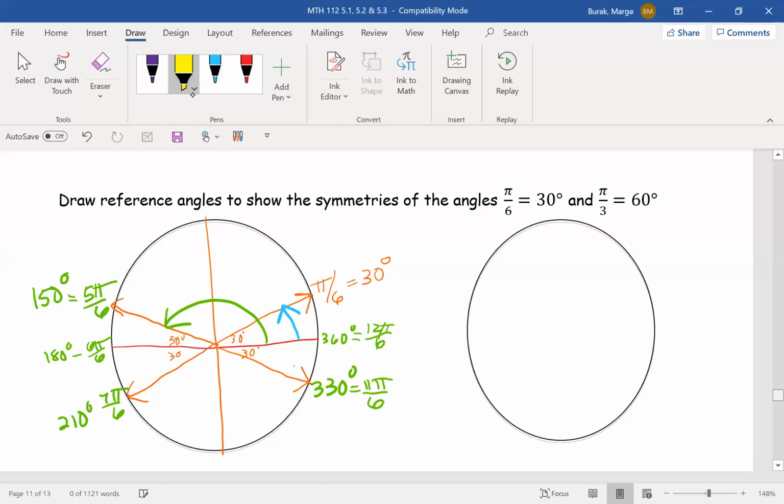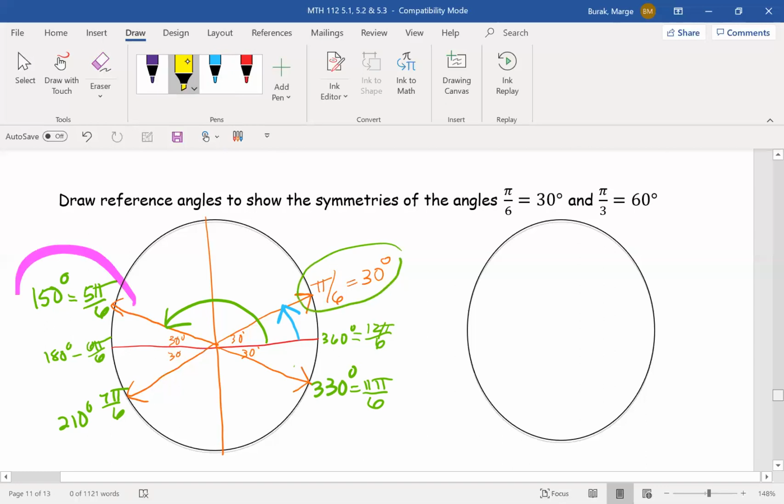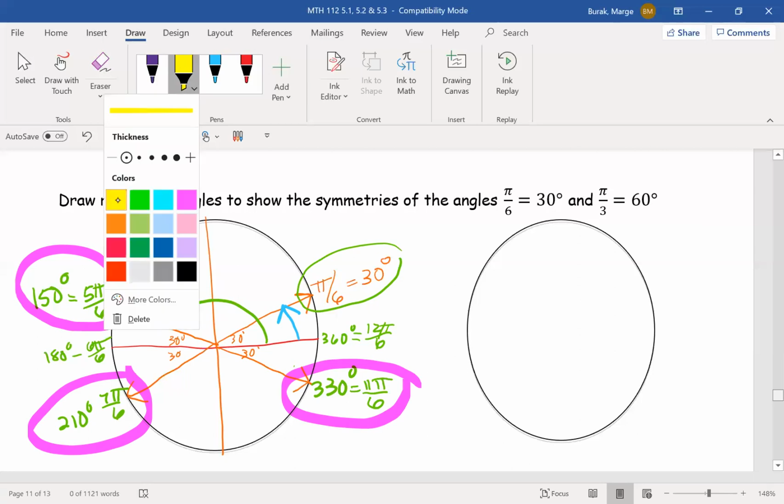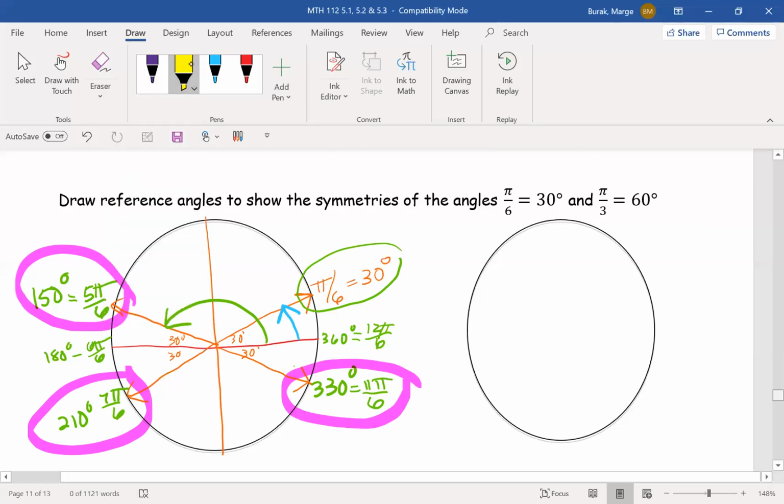So the angles that have a reference angle of pi over 6 are 5 pi over 6, 7 pi over 6, and 11 pi over 6. And the angles that have a reference angle of 30 degrees are 150 degrees, 210 degrees, and 330 degrees.